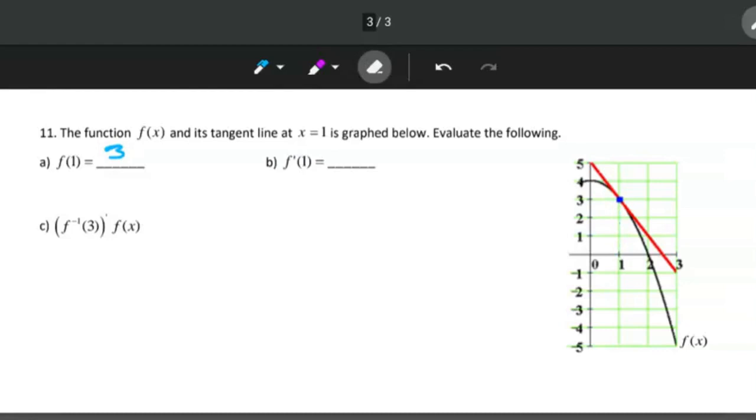Think about what that means. That's the derivative, or the slope of the tangent line at 1. So we need the slope of that red tangent line. They gave us a point on it. This looks like another nice point. I would just do rise over run to find the slope. It looks like it's down 2 over 1. So down 2 over 1, negative 2.